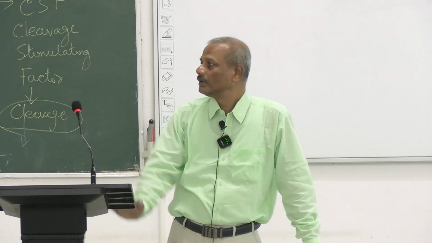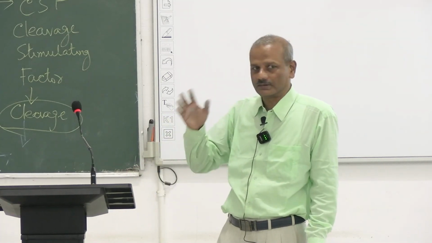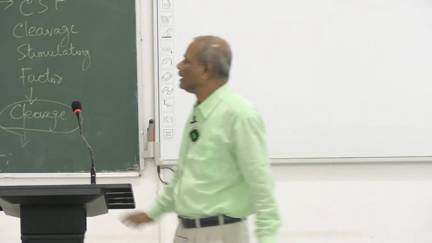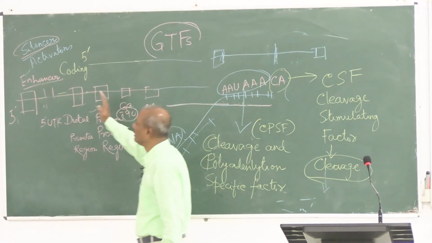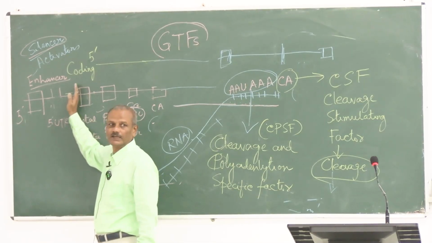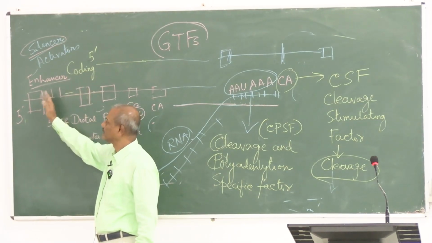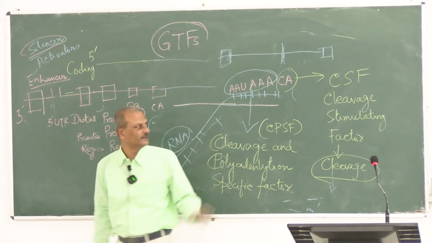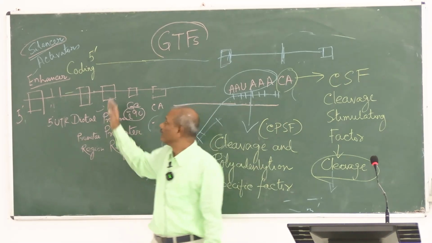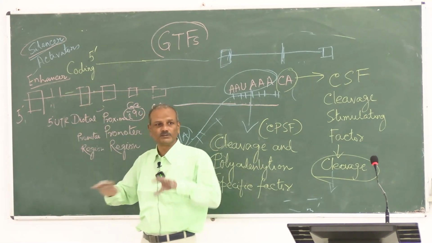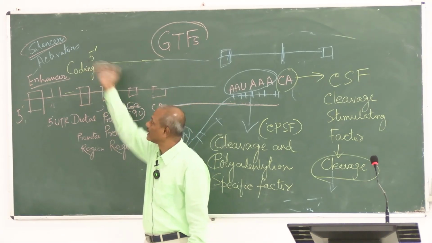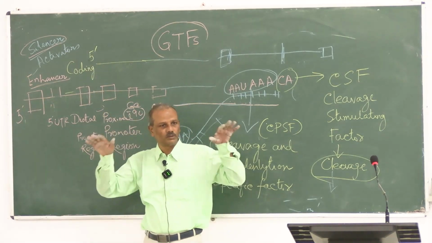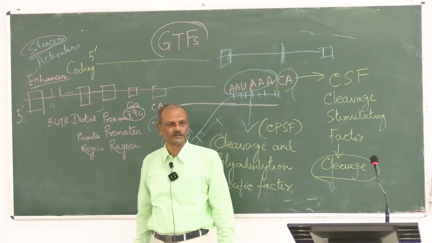And you will start to appreciate that there will be a huge amount of regulation. So the regulatory region is basically located upstream towards the 5' flanking region mainly, which has enhancers, which will increase the transcription. There will be silencers, which will reduce the transcription.